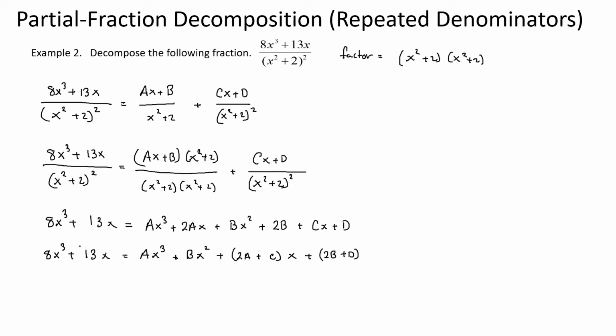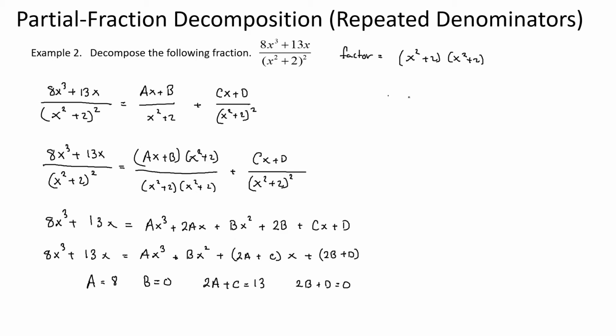Now comparing with the original equation we have, a should equal 8, b should equal 0 because there is no x^2, 2a plus c should equal 13 since that's the coefficient of x, and 2b plus d should also equal 0 because you don't have any constant.